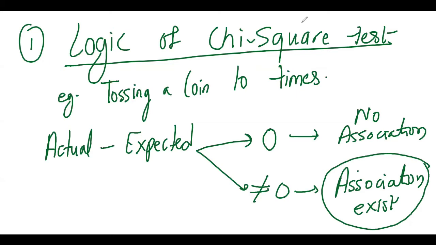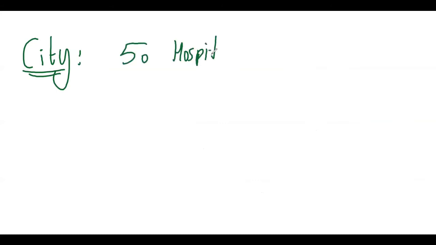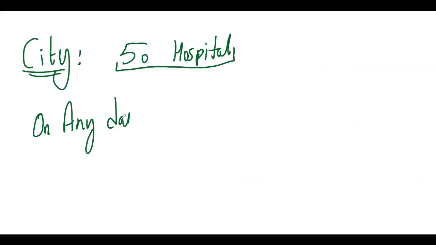So I hope you can give me the answer to this. Suppose in a city, there are 50 hospitals, right? And in the 50 hospitals, on any day, 100 births happen.